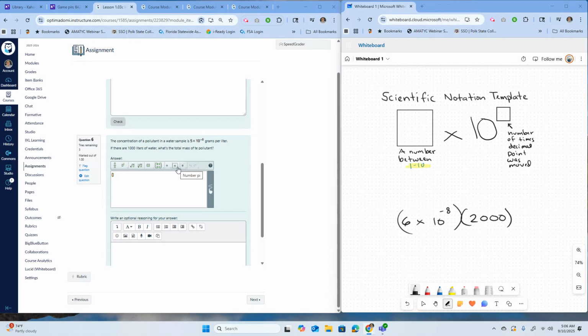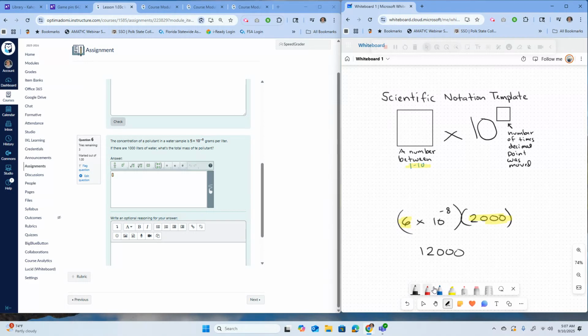So to find the total mass, I'm going to multiply the numbers. Like I did in the previous problem, we multiply the way you multiply numbers in scientific notation. You multiply the coefficients with the coefficient, so 6 times 2,000. When you do that in the calculator, you're going to get 12,000.